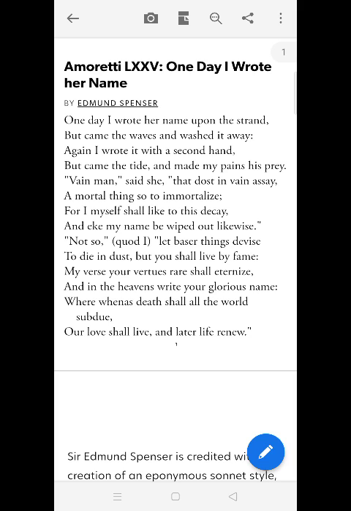And here we also find a very powerful literary device used by the poet, that is metaphor.